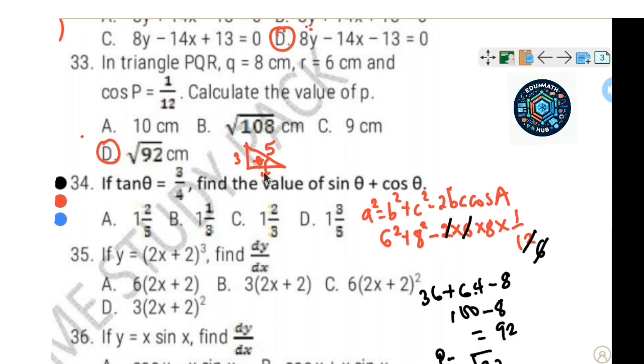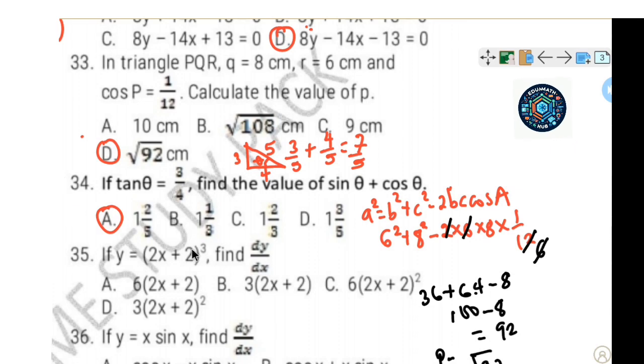Sin theta is opposite over hypotenuse, so that will be 3/5, plus cos theta, which will be 4/5. If you add these two, 3 plus 4 is 7, so you have 7/5, which is one whole number and 2/5. So that's it right there.